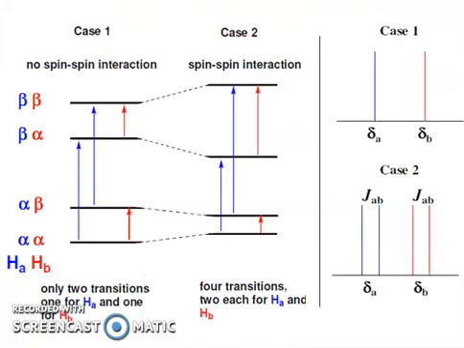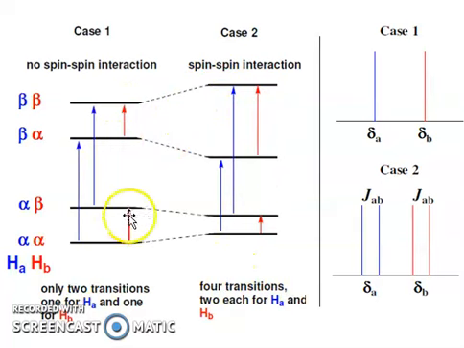To have a clear picture, just see this particular slide. This is the excitation of HA, with no spin-spin interaction. These are the energy levels, the spin states of the HA protons and HB protons. Due to the spin-spin interaction, the spin states get distorted and lead to four transitions.